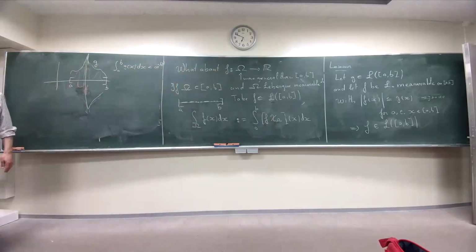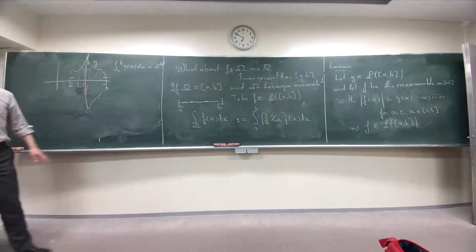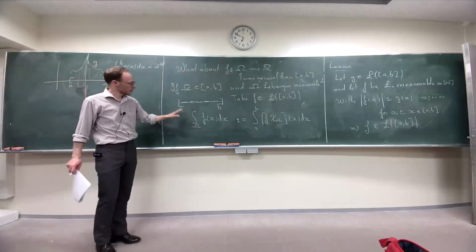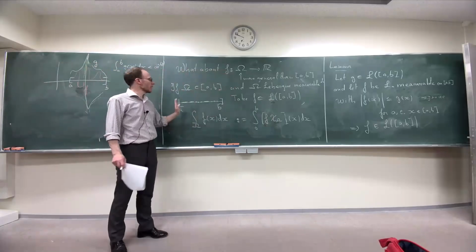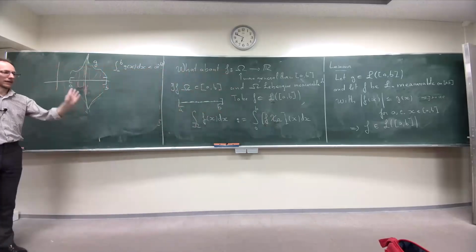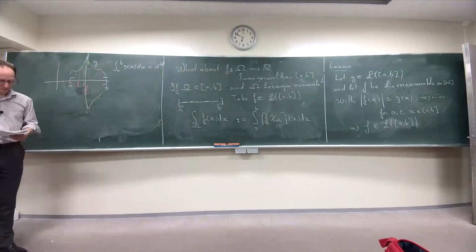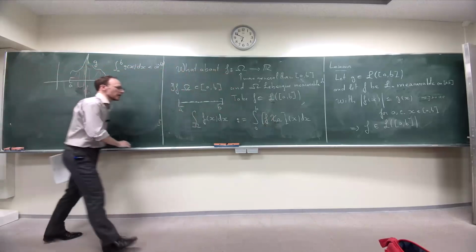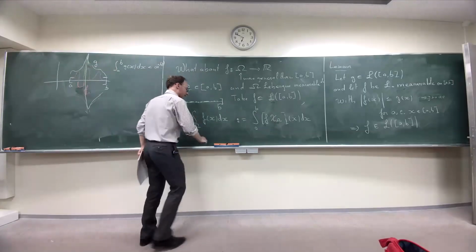So we can define this like this, no problem. I don't need to restrict the integral to just an interval. As long as this Omega is a good set, I can define it like this. This is quite simple.